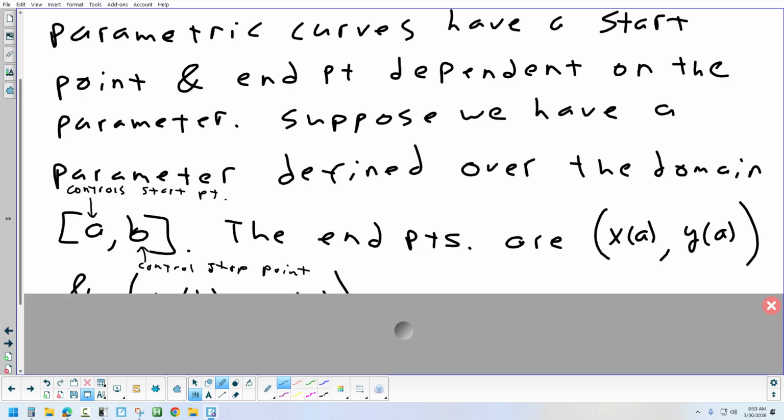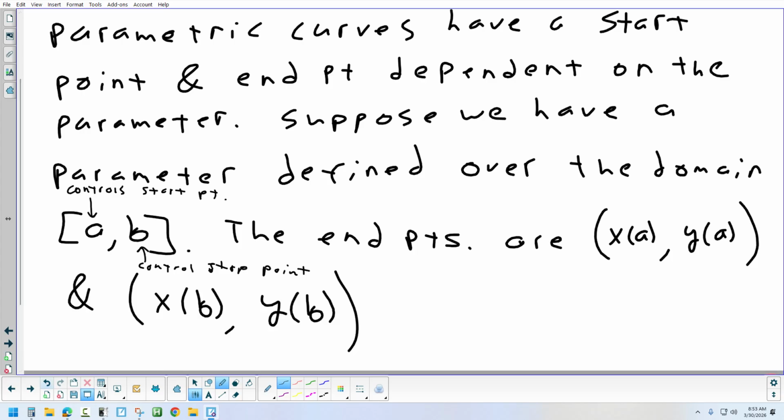And that's going to tell you where the graph starts. To find where the graph stops, you're going to take the B value and fill that into the formula for the x's. And then you're going to take the B value again and fill it into the formula for the y's. So there's 4 calculations you need to do to figure out the start point and the end point.